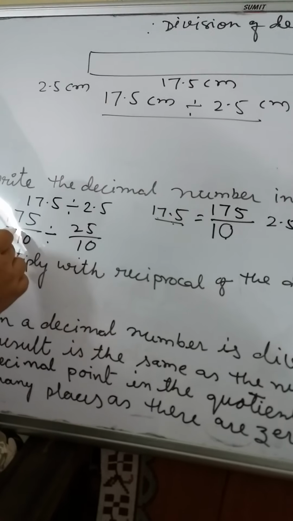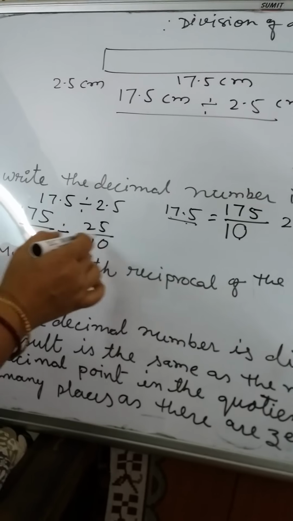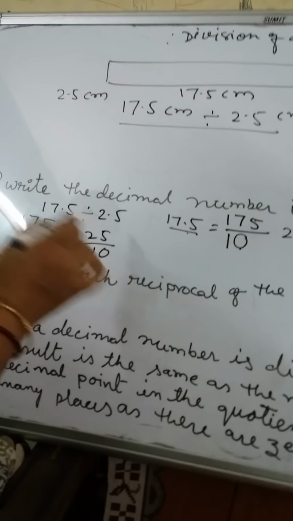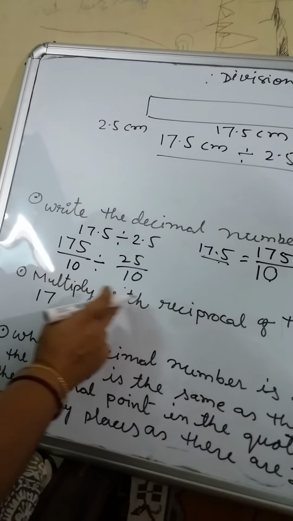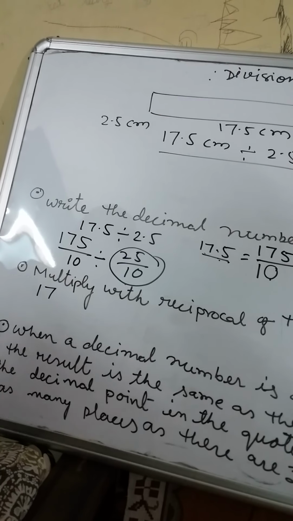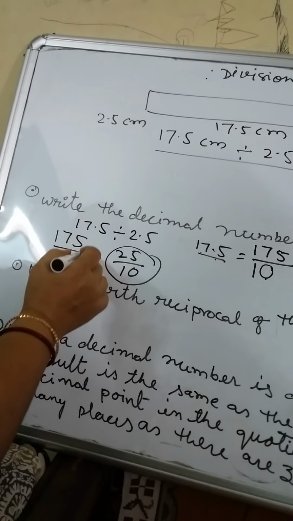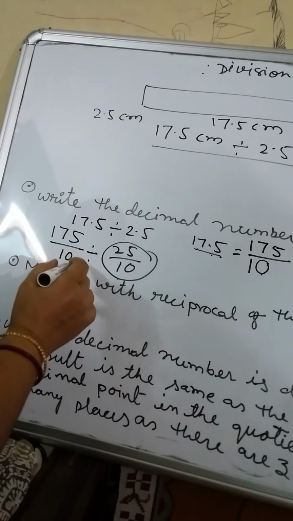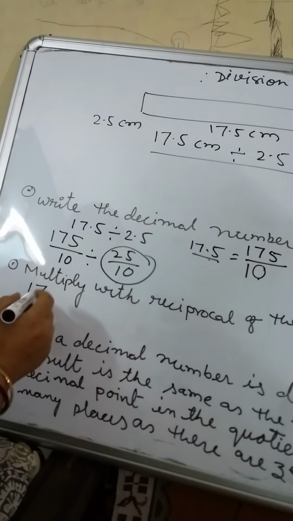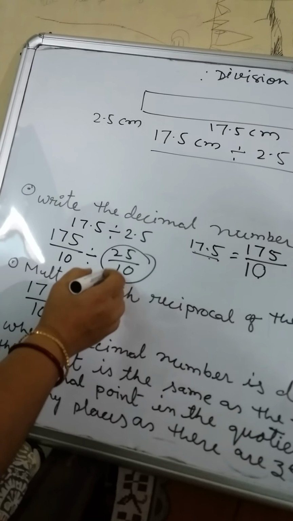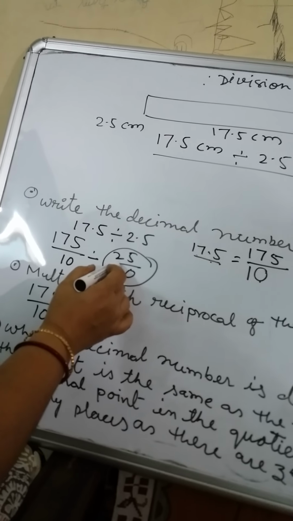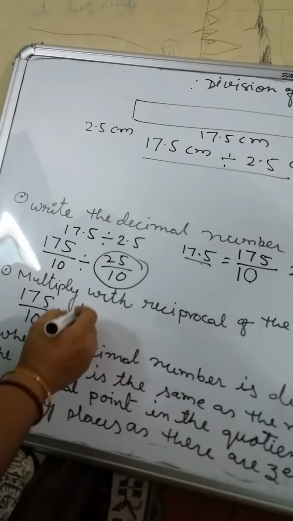Now it is the same as division of fractions. What you have to do? Multiply by the reciprocal of the divisor. The dividend will remain the same, then multiply by the reciprocal of the divisor, which is 10 by 25.